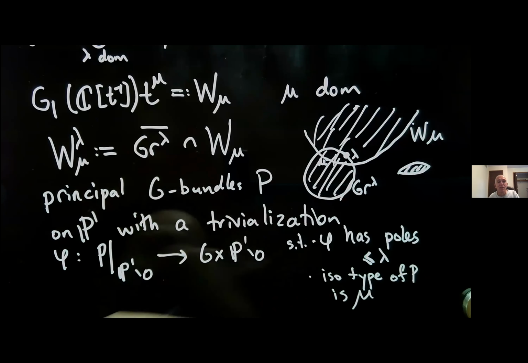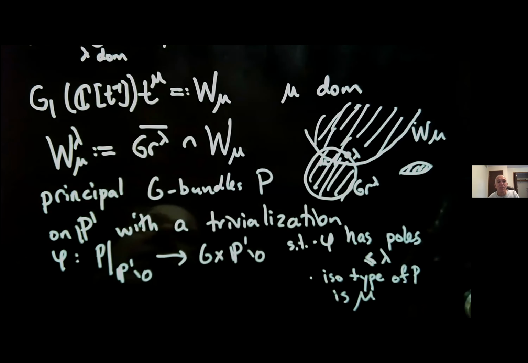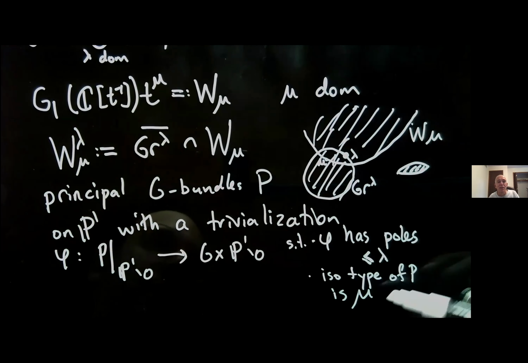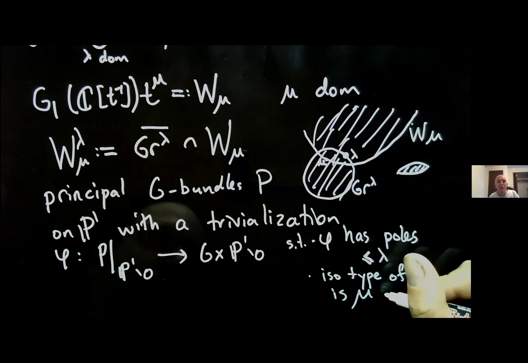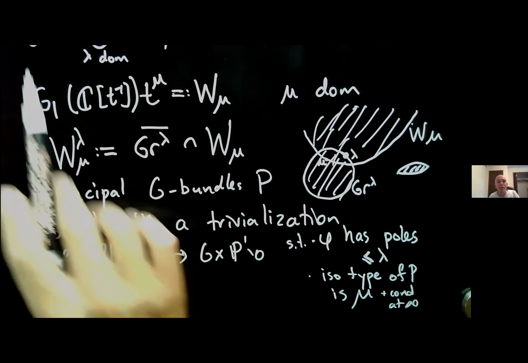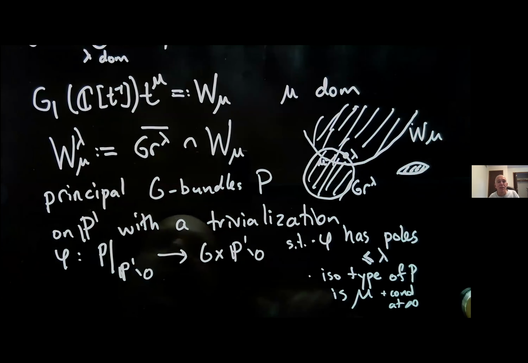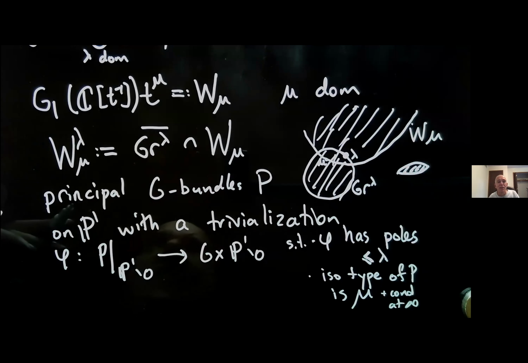Isomorphism classes of principal G bundles on P1 are labeled by dominant coweights, and the isomorphism type of the bundle we want to be mu. And then there's a minor detail, which is that there's also a condition at infinity, which somehow is related to the fact that we took this group G1 and not just G of C[t inverse]. Okay, so these are affine Grassmannian slices.